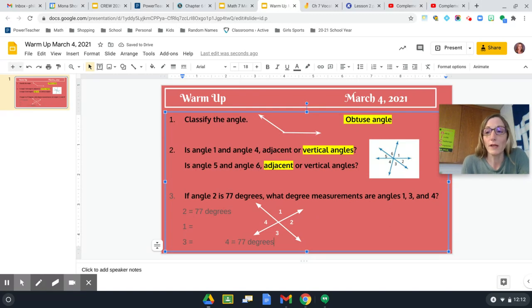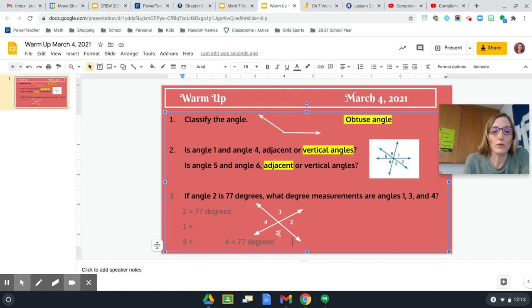Now, angle 1 and angle 3. If we know angle 2 is 77 degrees, we need to find angle 1. In the book lesson on Tuesday, we talked about how this is a straight line here. That straight line supporting angle 1 and angle 2 is a straight angle, and it's 180 degrees. That means angle 1 and 2 added together have to equal 180 for this straight line.